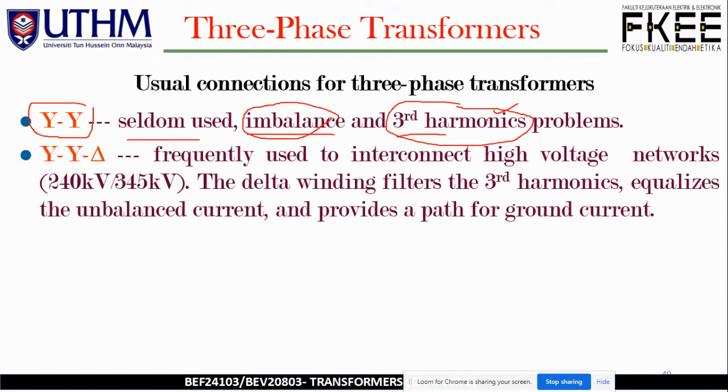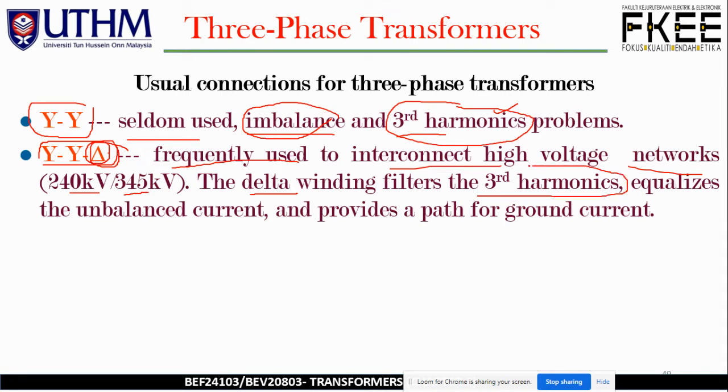All right, then the second one. If we have some improvements and modification, we have the YY delta. This is frequently used to interconnect high voltage networks, for example 240 kV up to 345 kV. The delta winding over here filters the third harmonic.